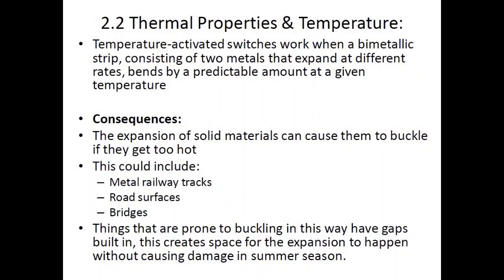Consequences: the expansion of solid materials can cause them to buckle. For example, metal railway tracks can be damaged, road surfaces can be cracked, and bridges can be damaged. Things that are prone to buckling in this way have gaps built in. This creates a space for the expansion to happen in the summer season without causing damage.